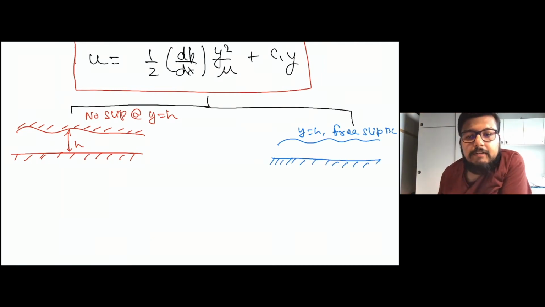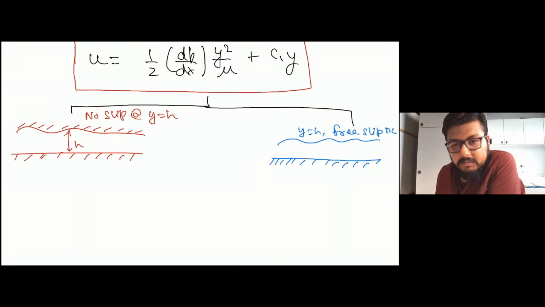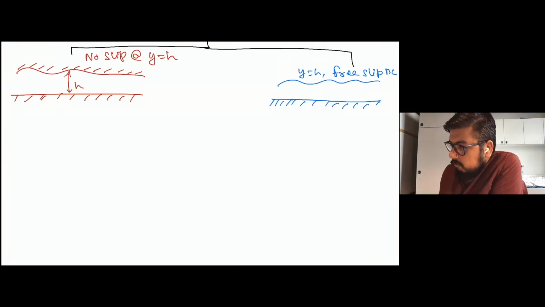The case on the left could be a solid sphere impacting a wall, for example. And one of the examples of the case on the right could be a droplet impacting on a substrate, which is what we saw during the start of this lecture. Depending on which case we are in, we will have different boundary conditions and a different equation.